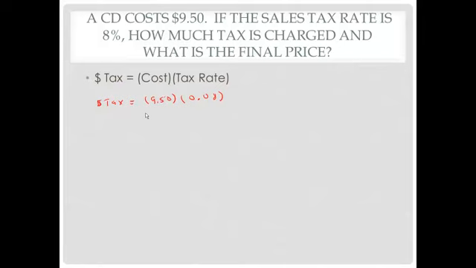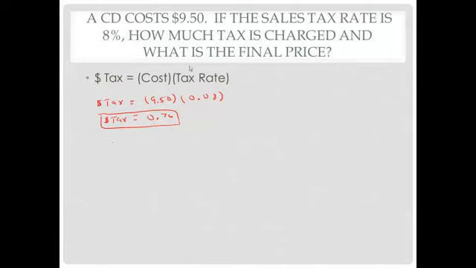Now I would multiply 9.50 times 0.08, and that gives me the amount I would be paying in tax. So 0.76 is the tax amount.